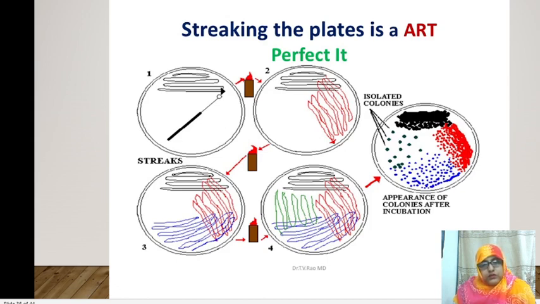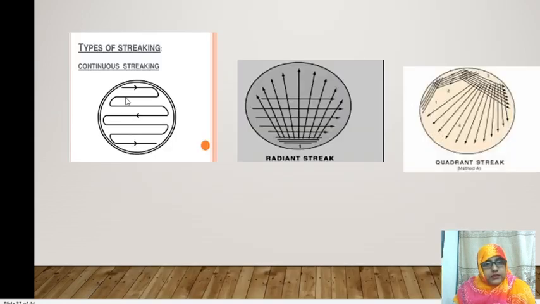If we don't want to isolate colonies, we can simply draw a single pattern like this, a continuous streak. You can see the arrow here. If we start from here, then we have to draw the pattern like this. Same in this manner. Then the other one, gradient streak. We have to draw the pattern first in the above, then in the left or right side.